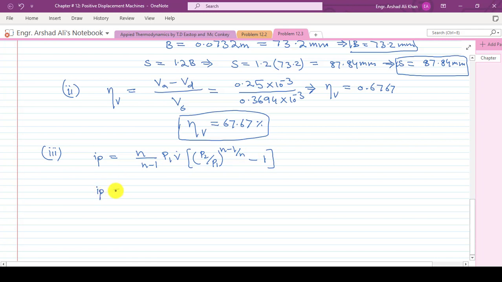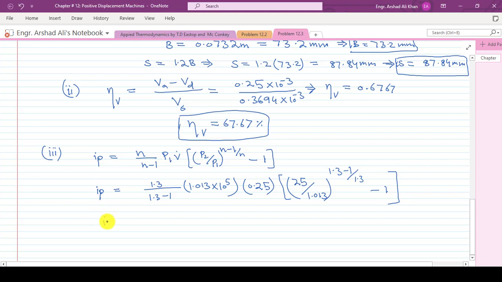Putting the values, 1.3 over 1.3 minus 1 into 1.013, converting bar into Pascal. Also V dot is 0.25 into (P2 is 25 and P1 is 1.013) power (1.3 minus 1) over 1.3, minus 1.